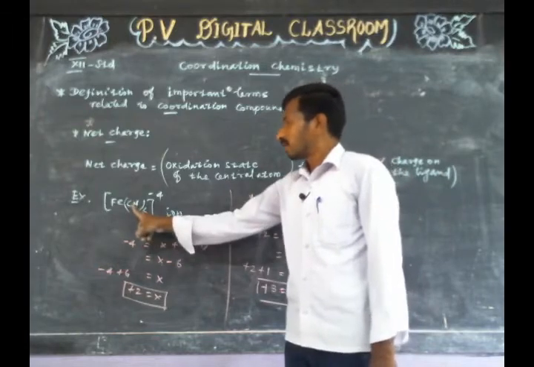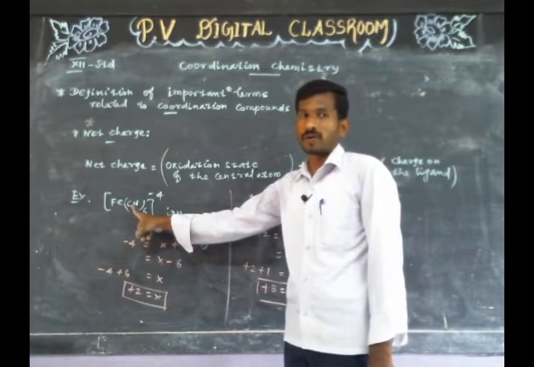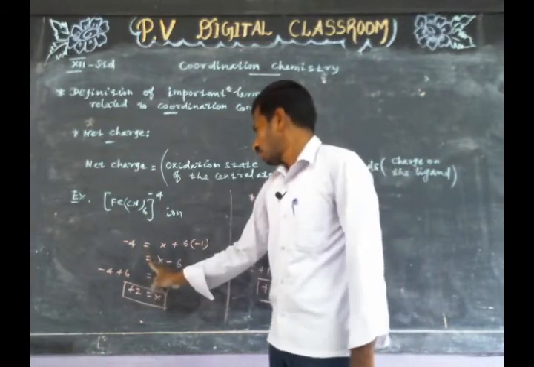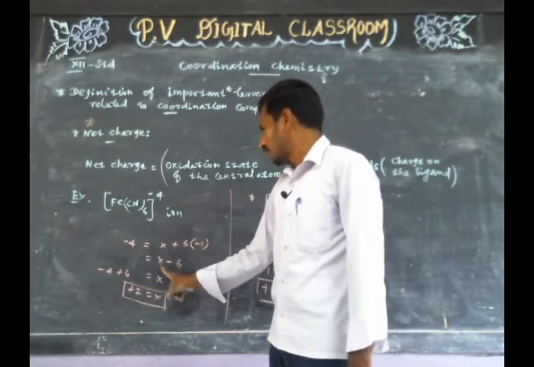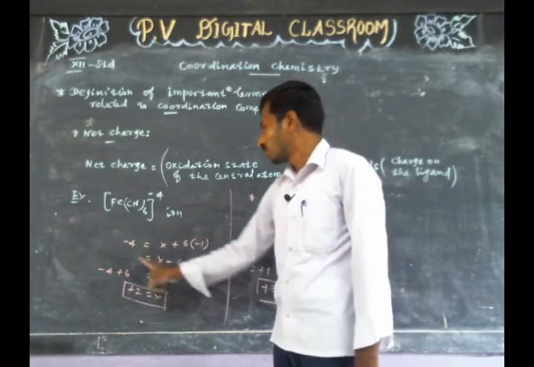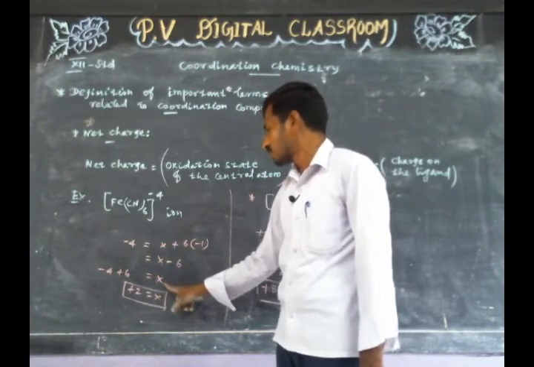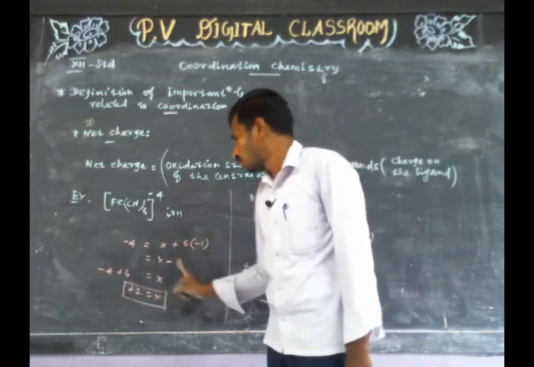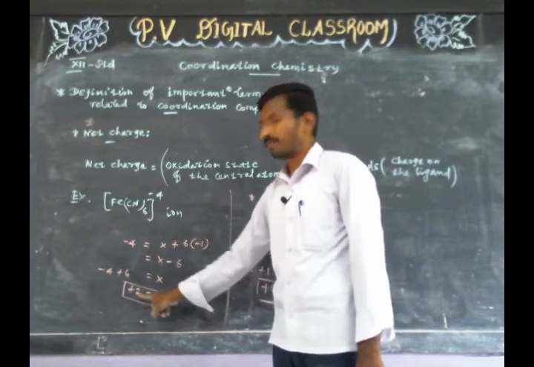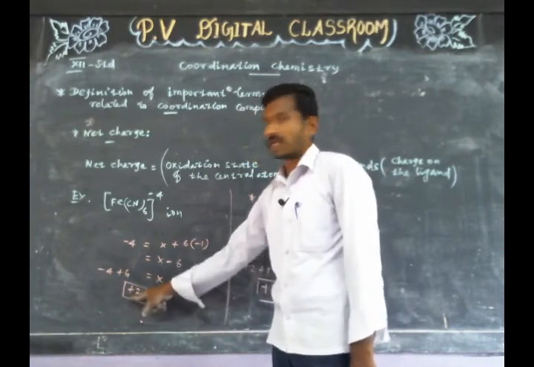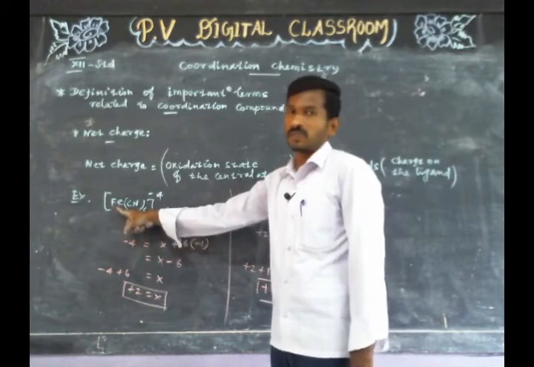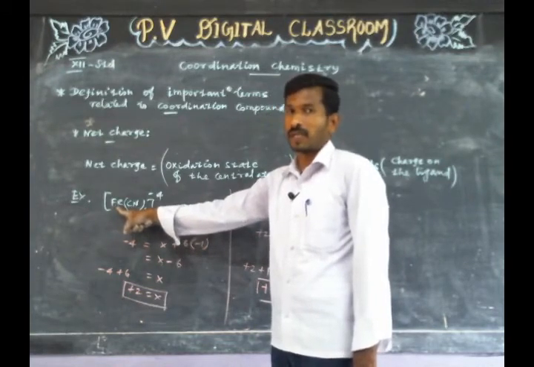Since CN- has a charge of -1, X - 6 is equal to -4. Therefore, X is equal to -4 + 6. Therefore, X is equal to +2. This number represents the oxidation state of the central atom, namely iron.